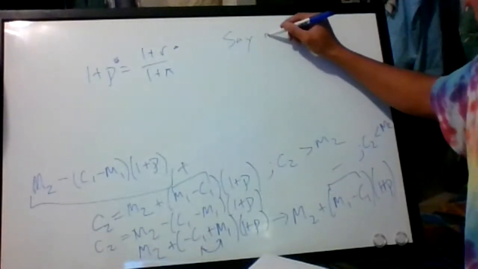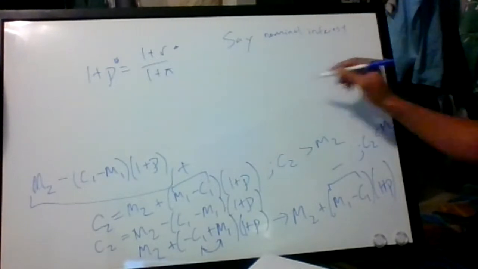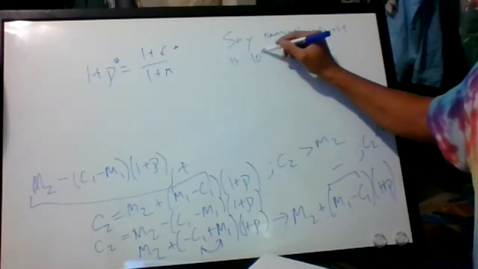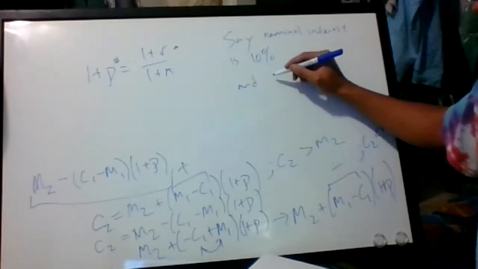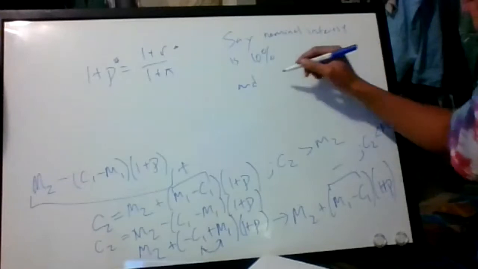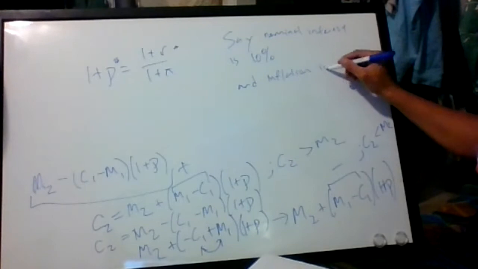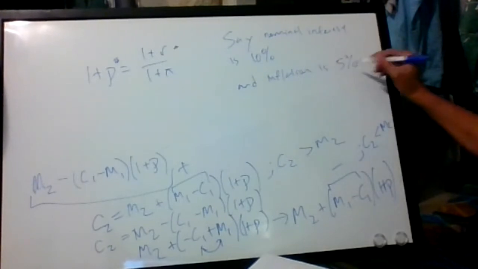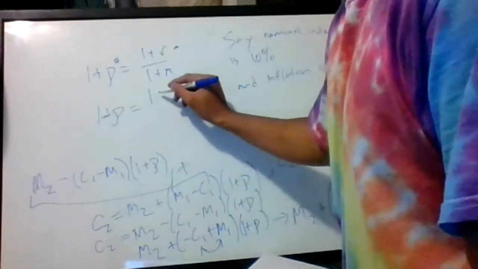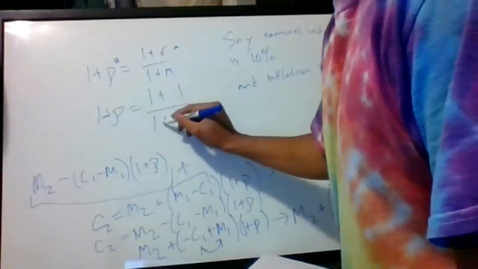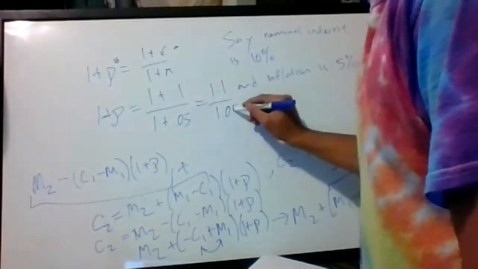But say nominal interest is 10%, and inflation is 5%. Then 1 plus rho is equal to 1 plus 0.1 over 1 plus 0.05, which is equal to 1.1 over 1.05.